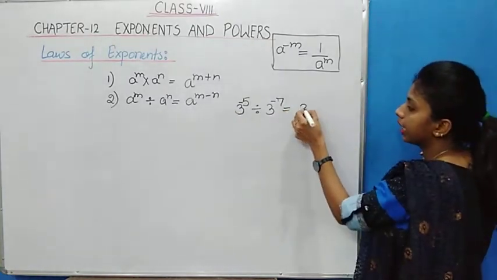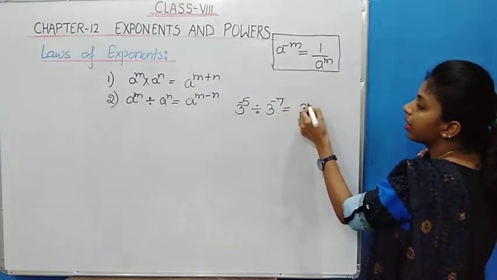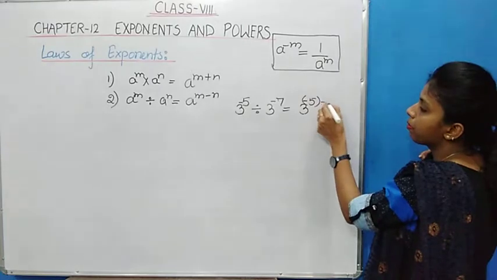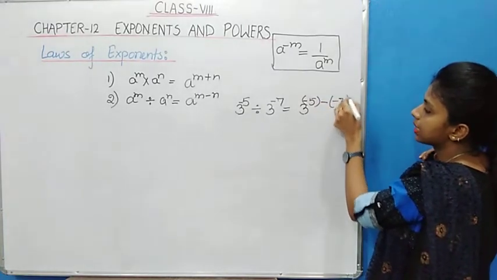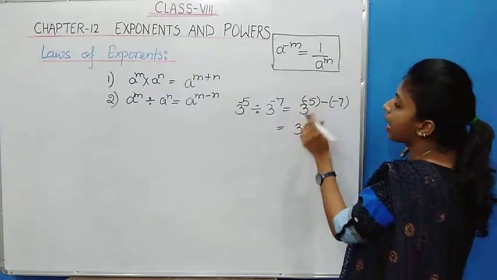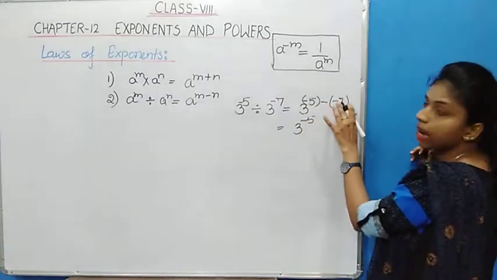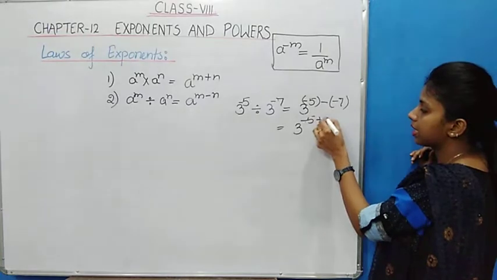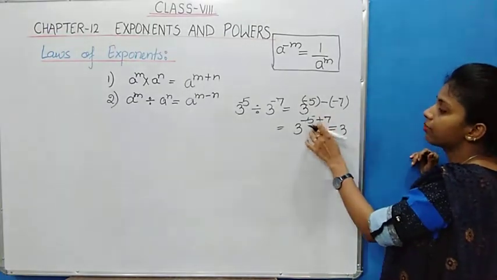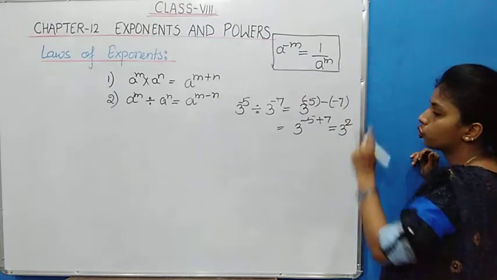We get 3 and the powers are going to be subtracted, so minus 5 minus minus 7. Let's solve this. We get 3 to the power minus 5, this minus becomes plus, so plus 7. So finally we get 3 raised to power 7 minus 5, which is 2.